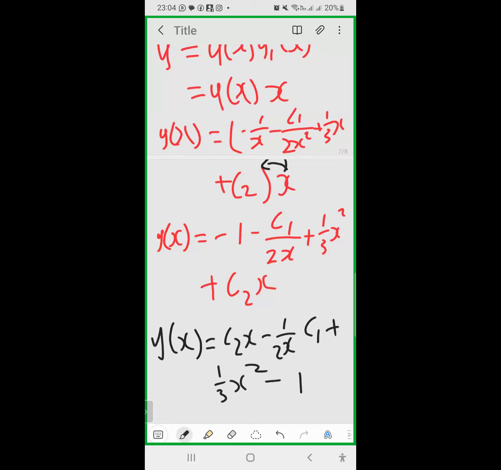And this is the general solution to the given non-homogeneous nonlinear second order differential equation. So we can now continue and solve the initial value problem.